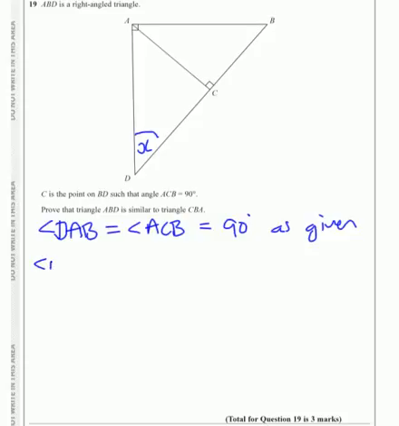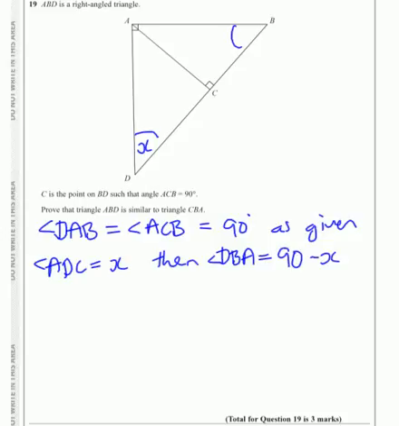So if angle ADC equals X, then we can say that the angle up here, DBA, equals 180 minus the 90 here minus X. So 180 minus 90 is 90, so that is going to be 90 minus X. And that is as angles in a triangle add up to 180.